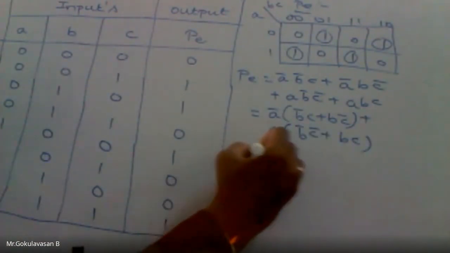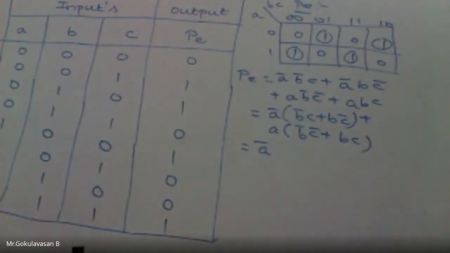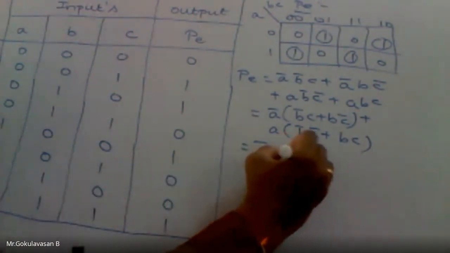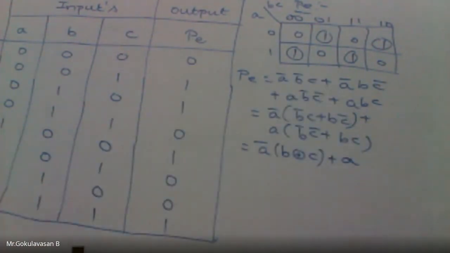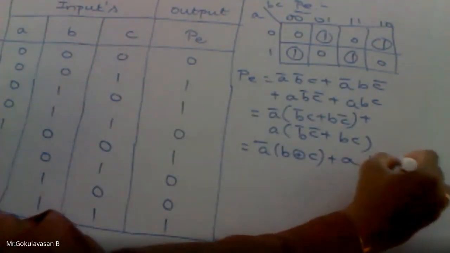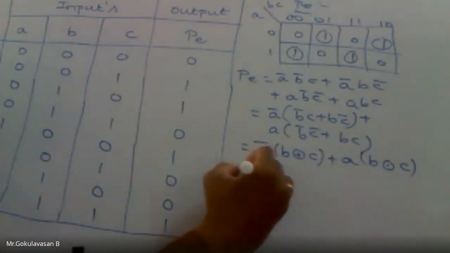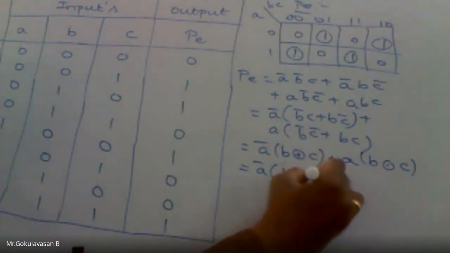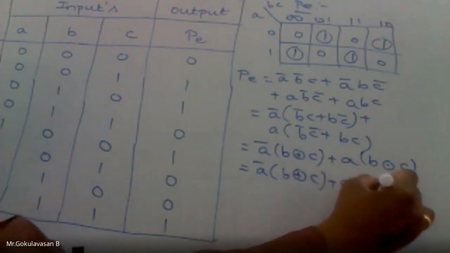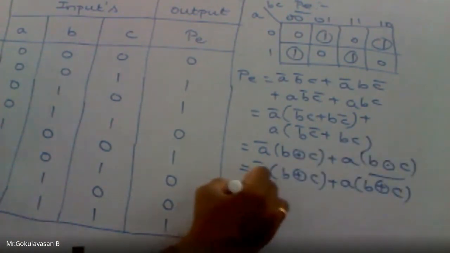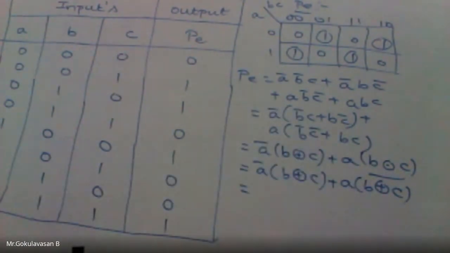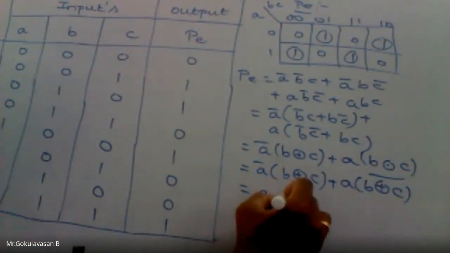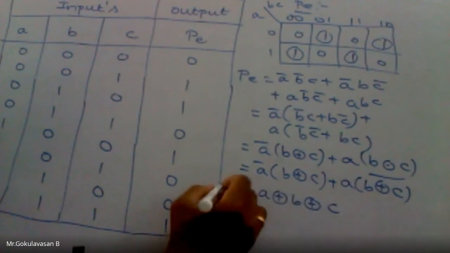B bar C bar plus B C. Similarly, B bar C plus B C bar we can write as an XOR operation. So A bar into B XOR C plus A into B bar C bar plus B C, which we can put as an XNOR gate. XNOR, if you change it again to XOR, what happens? XOR complement. See how it looks: A bar B plus A B bar, does it look like that? So what can we write? A XOR B XOR C. That's all.